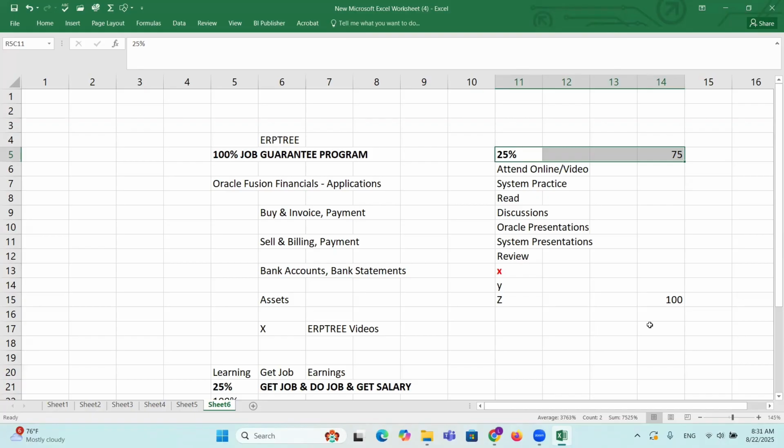Every month we invite one working consultant to come and give the KT about their complete project. Who are those consultants? They got the job from this 100% job guarantee program. They get the job, they go and work, and they come and give the KT. KT means knowledge transfer.